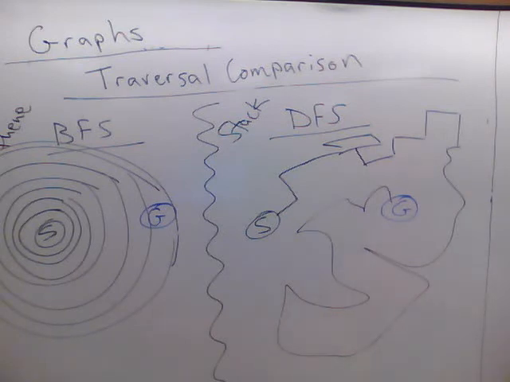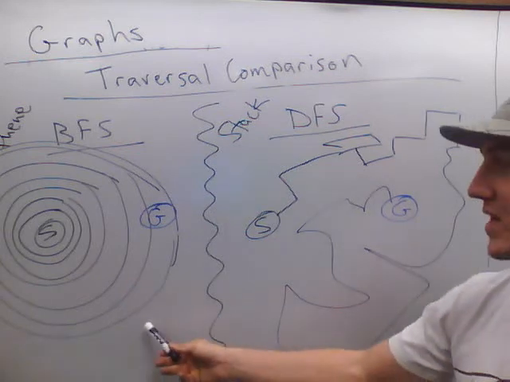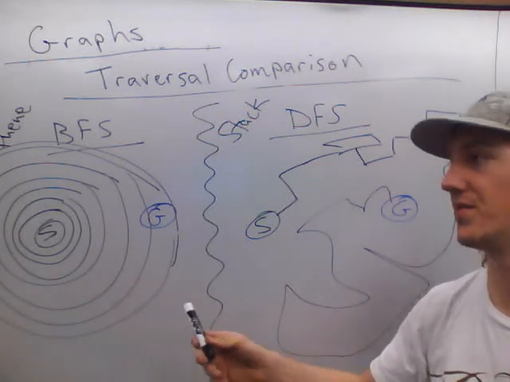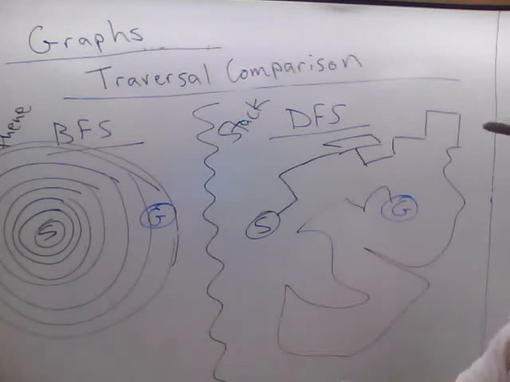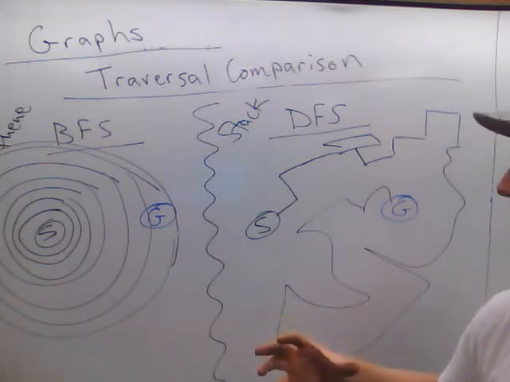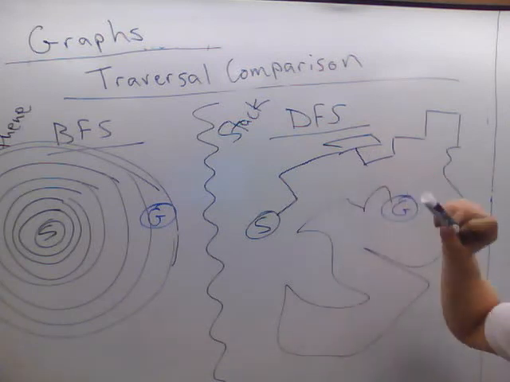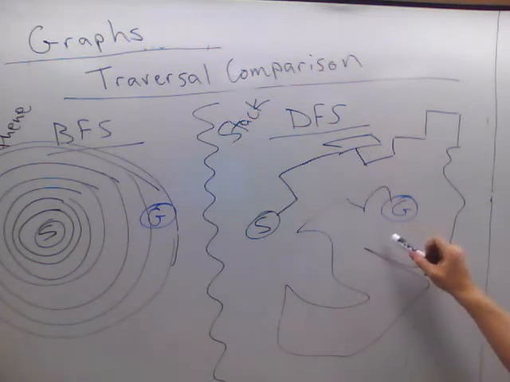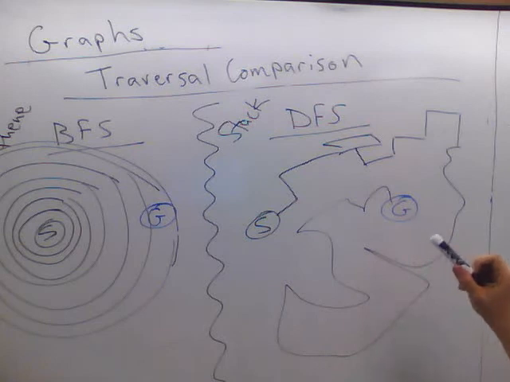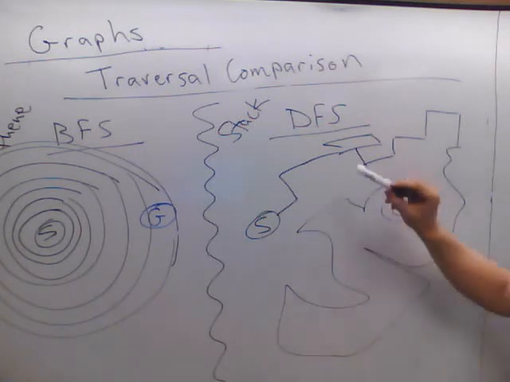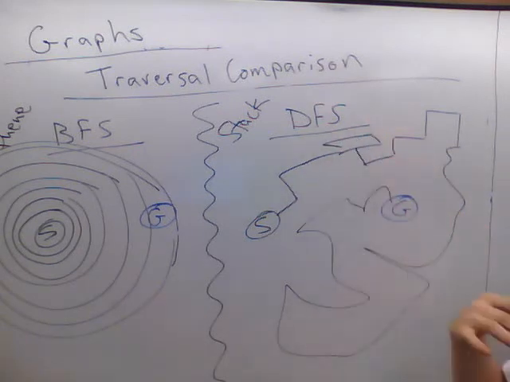Now, given an infinite graph, BFS will still always find the goal because it's searching levels outwards. Given an infinite graph, DFS might not. It'll only find the goal if we're lucky, because if you think about depth first search, it's trying to get far away. So what it's going to do is keep stepping away.